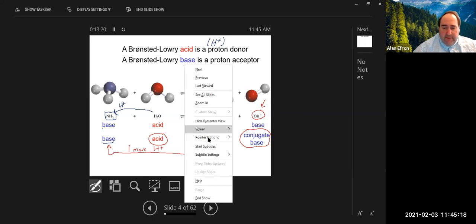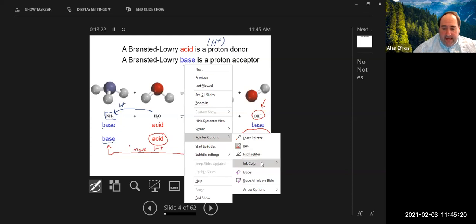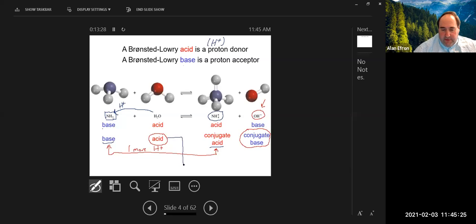Now, the relationship between my acid on the reactant side and my conjugate base over here on the product side is we go from H2O to OH minus, and that is one less H plus. The only difference between both of them is an H plus. And it is only one H plus, which is really the important part.